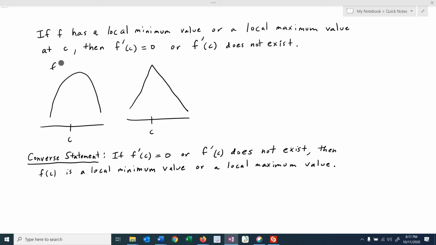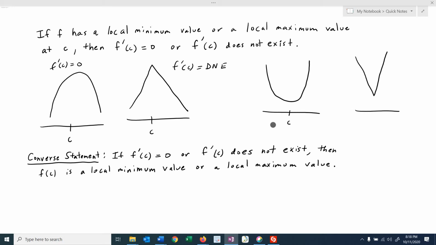In this case, f prime of C is 0. And in this case, f prime of C does not exist. So if I have a local maximum, then one of those must be occurring. Likewise, if you have a local minimum, it can only occur in one of two ways. F prime of C is 0 in this case, or f prime of C does not exist. Okay, so that's what this theorem tells us.